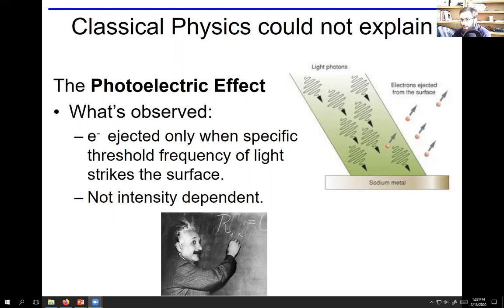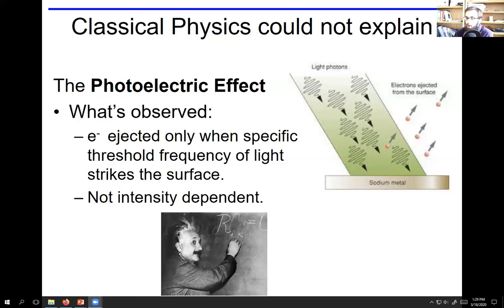So this was a strange thing: when you did this experiment, it didn't matter what the intensity of light was that you used in order to get electrons to eject off the surface. Let's say you have a sodium metal and you shine red light at it, okay? You shine a weak red light laser on sodium metal, and in this case, nothing will happen. You'll get no electrons, okay?